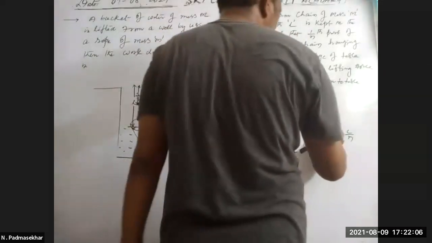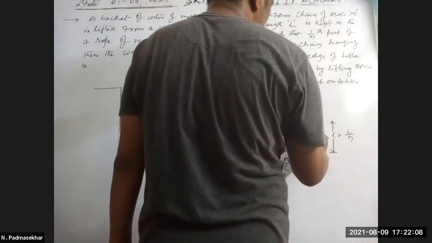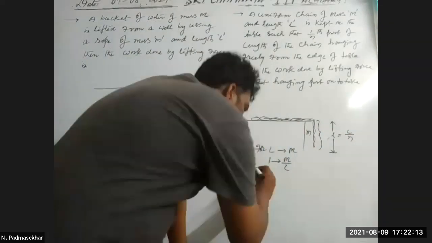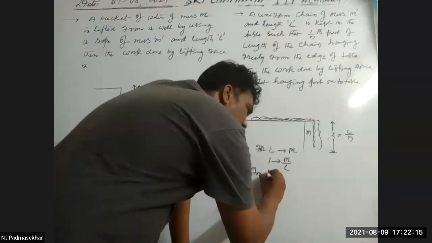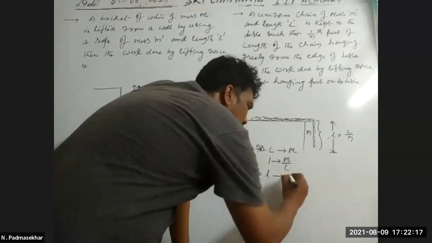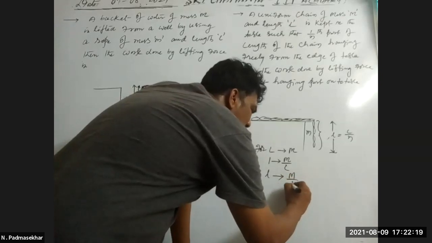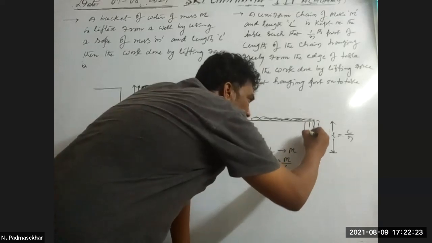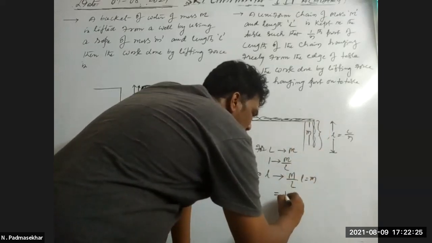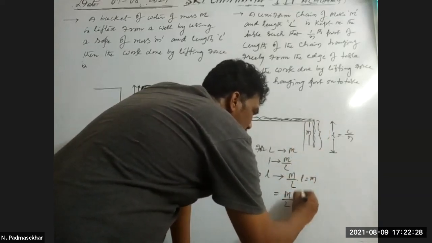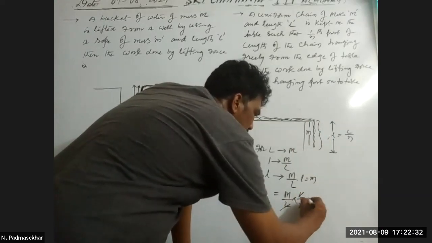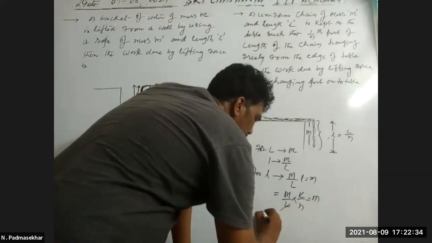So for l length, what is the mass? M by L into small l, this is small m. L by L is there. So this is equal to small m.